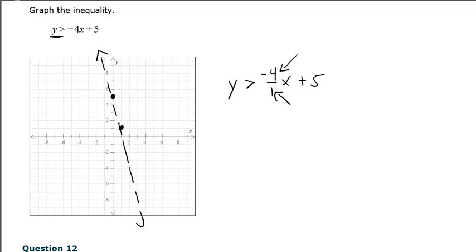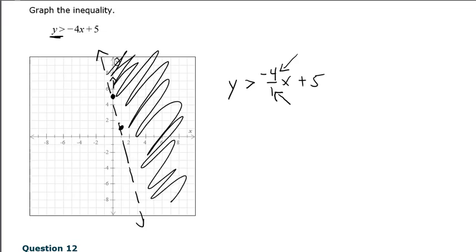So I come to my y-intercept, which is positive 5. The values on my y-axis that are greater than are above. So that means all of the points that are above this line would be a solution to this inequality. Now remember, the points on the line are not a part of the solution because our inequality symbol is just greater than.